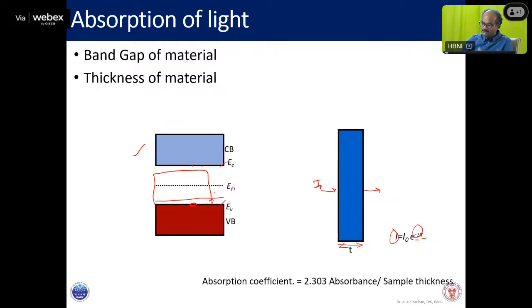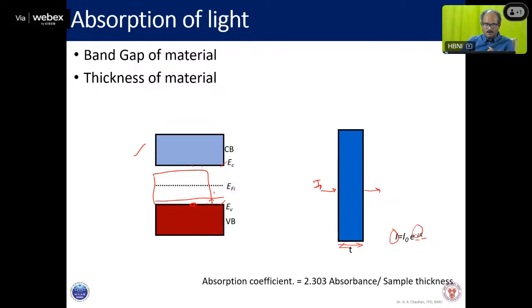So if the material has a high absorption coefficient, in that case the radiation can be absorbed in low thickness also, but we should be aware that the thickness of the material and the absorption coefficient of that material are also two important parameters other than the band gap of the material.